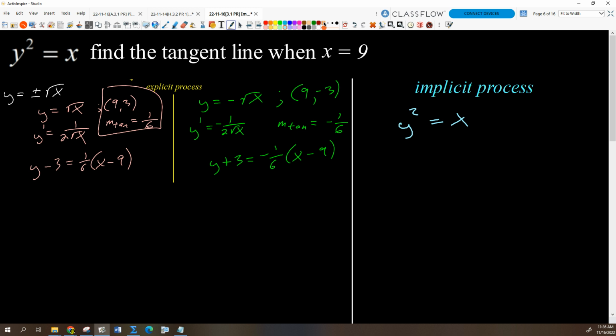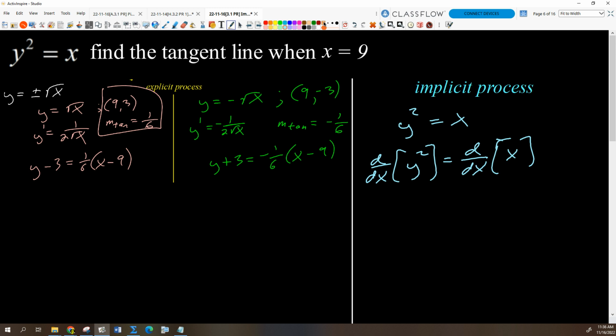What if we just differentiated each side with respect to x? Okay, so I'm going to take the derivative with respect to x of y squared on the left side and the derivative with respect to x of x on the right side.